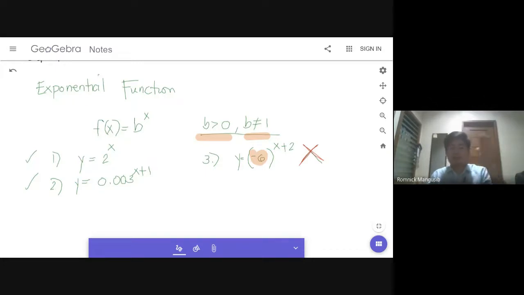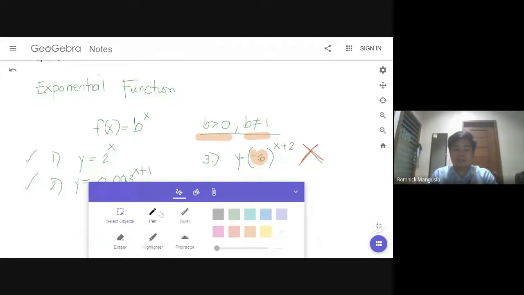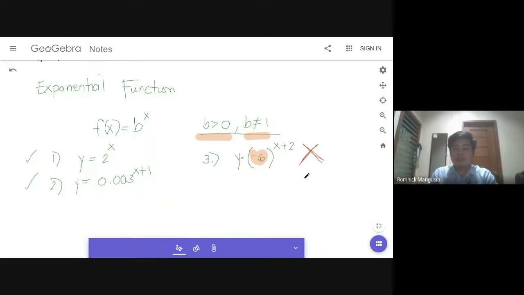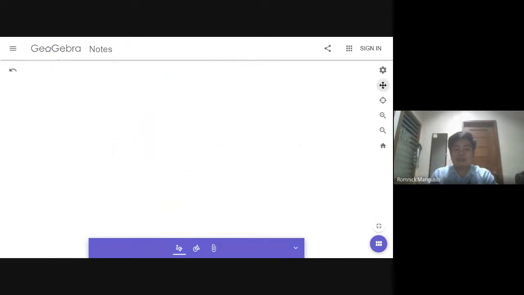No, we don't deal much on the deeper sense kasi when we talk more on graphs, we analyze more on graphs, papunta na tayo sa calculus, no? So in this case, we're just focusing on some of the basics, no, the properties. So let's go directly to the domain and range of exponential functions.